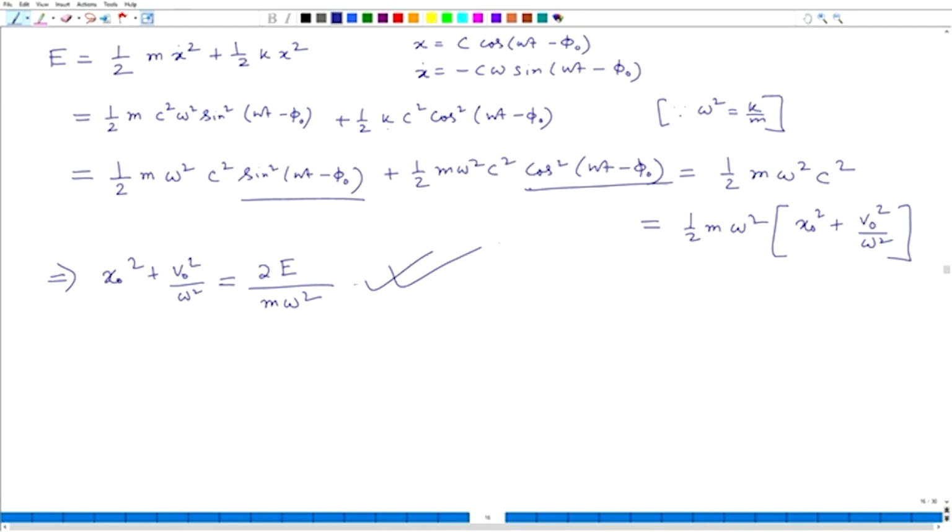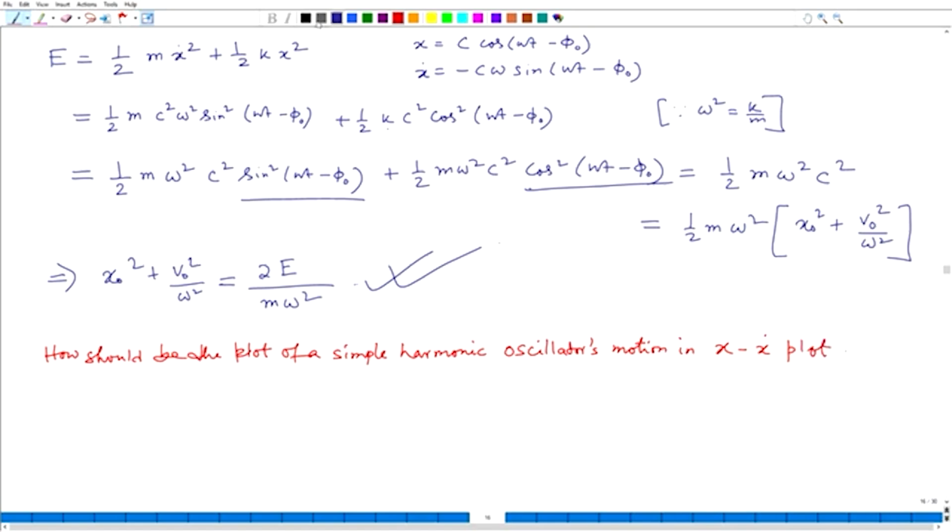Okay. Now, how should be the plot of a simple harmonic oscillator's motion in x versus x dot plot?